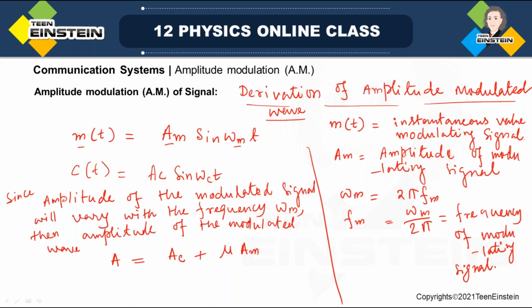Okay, we can write the amplitude of the carrier wave plus, I'm sorry, this is just the sum: Am plus Ac, okay, Ac plus Am.